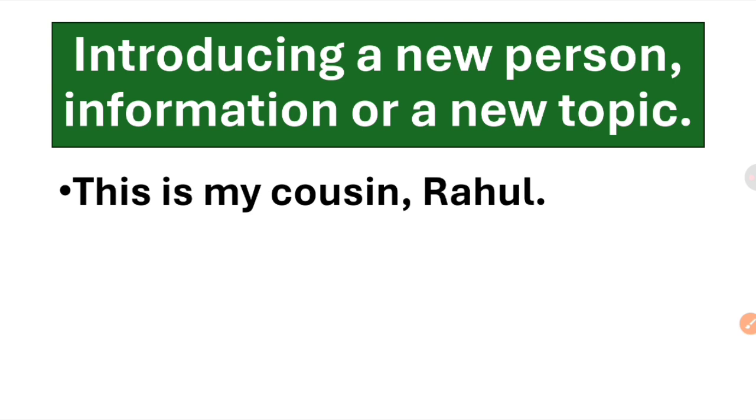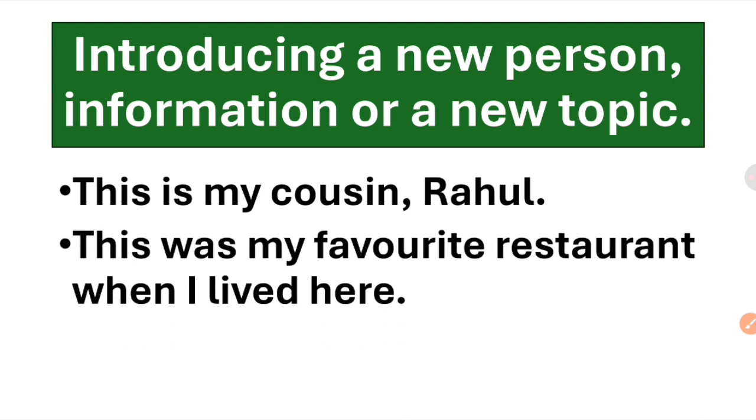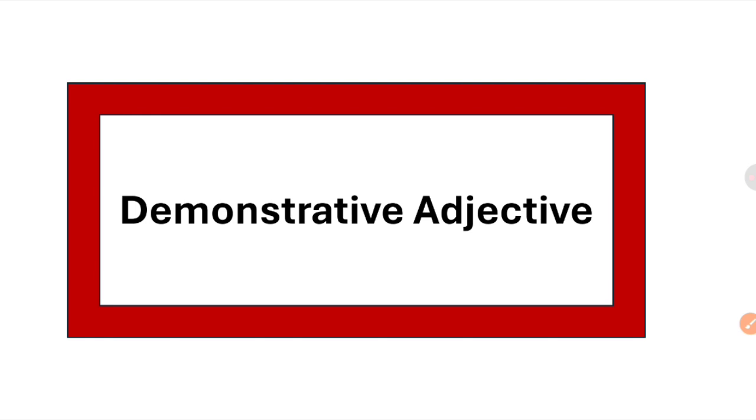Okay. So, this is my cousin Rahul. So, you will say this in this case. Another example, this was my favorite restaurant when I lived here. So, here again, you are introducing something new for someone else and that's why you are using this here. So, you are introducing something new. In that case, you will use this.